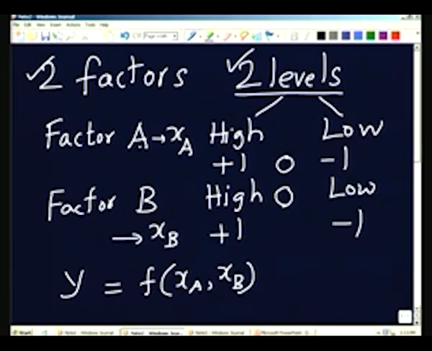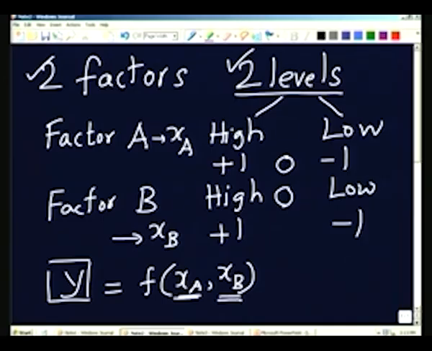So, factor A, I will call it xA, is the numerical value or the identifying value for that. High and low I am going to use the values +1 and -1. Factor B, high value and low value again +1 and -1, and the outcome of the experiment is y, and it depends on both xA and xB.